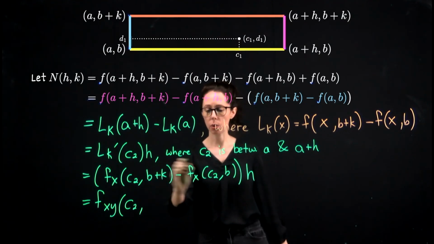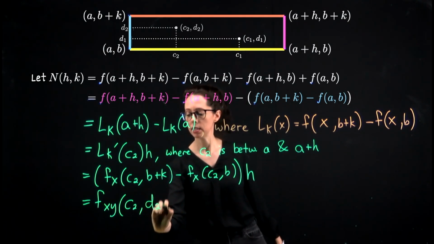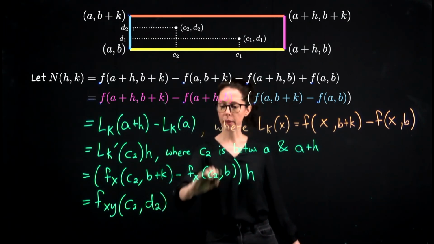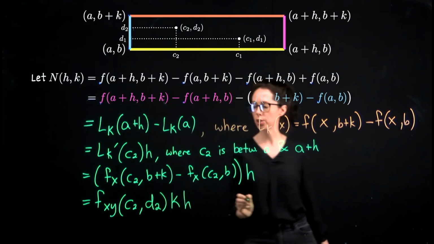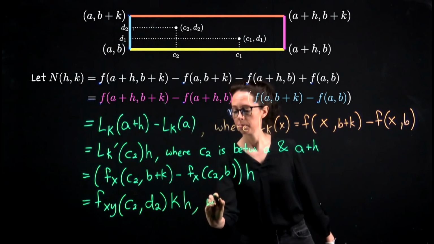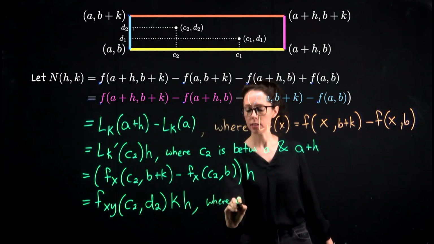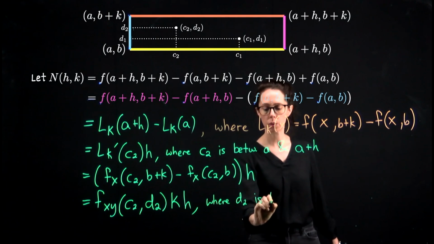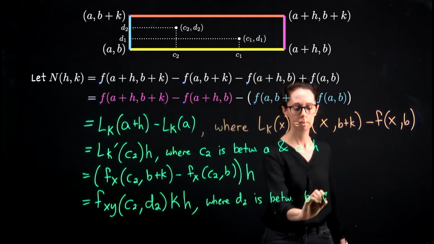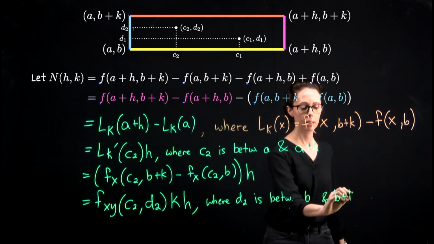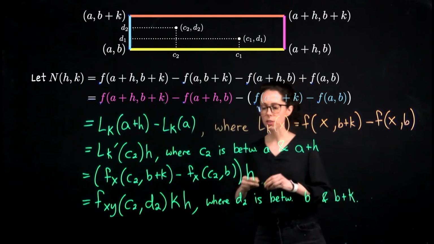We're passing to a tangent slope, which is happening when y equals D2. When we do that, we're picking up a k, just like we did in the warm-ups, and then we're carrying the h from before, where D2 is between b and b plus k. And I've added that to our rectangle as well.